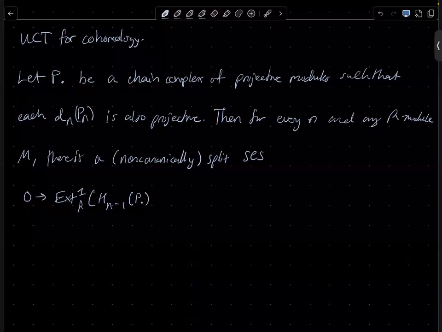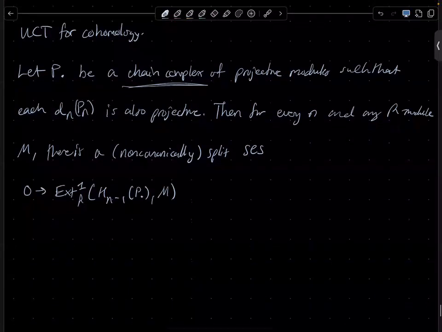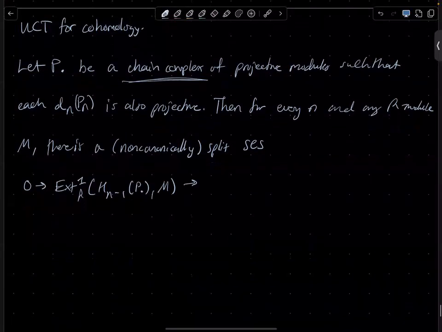Right, this is a chain complex P bullet. I know in the past I might have written P bullet for projective resolution. So this is possibly non-zero here. And then M. And then the middle term is now a cohomology term, H^n.